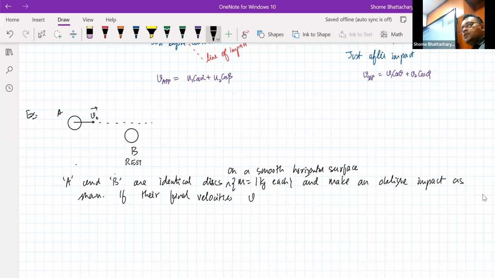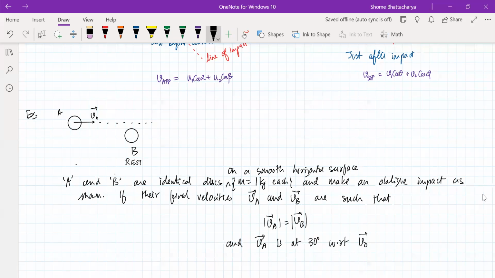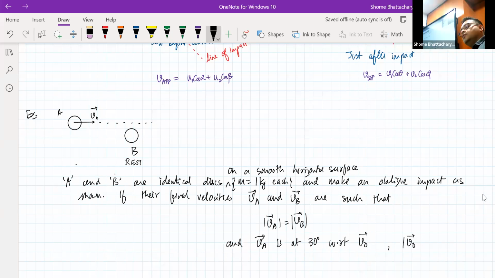So if their final velocities VA and VB are such that the magnitude of VA is equal to the magnitude of VB, and VA is at 30 degrees with respect to V0, and also given that the magnitude of V0 is 10 meters per second.